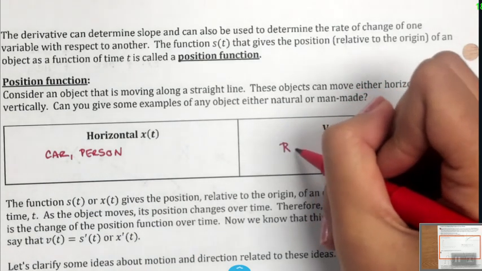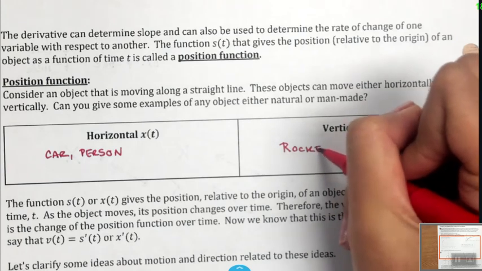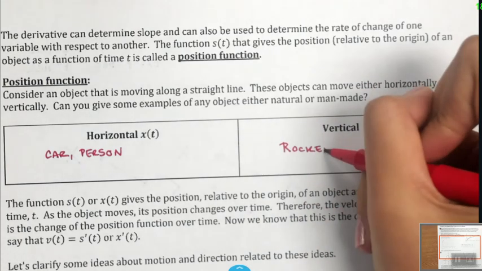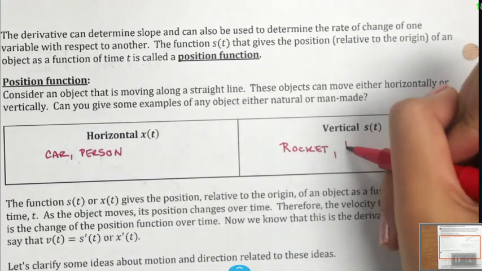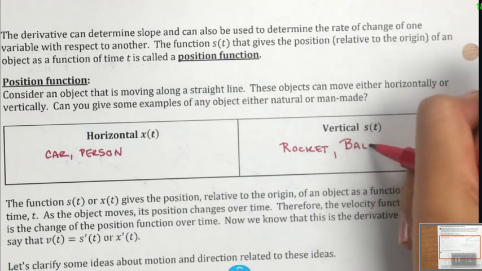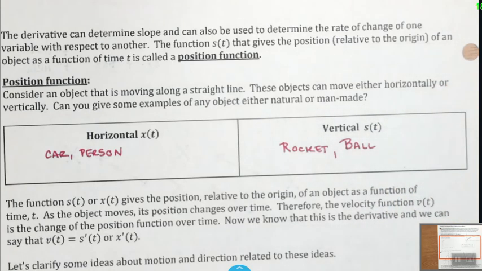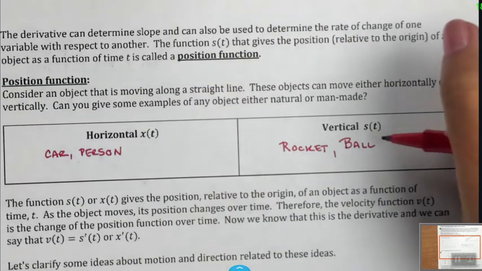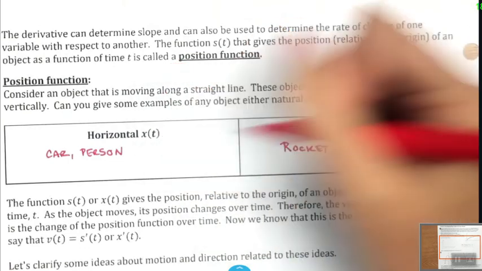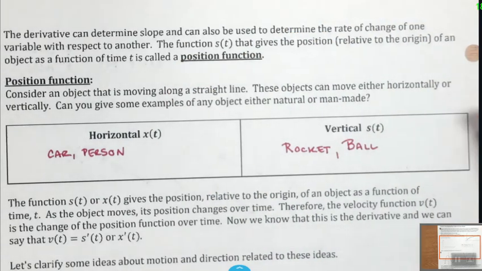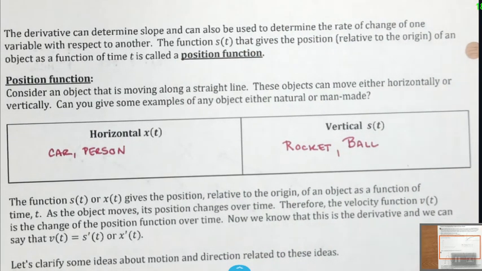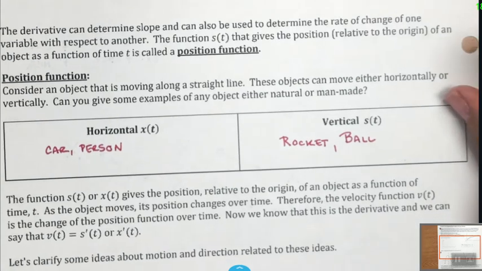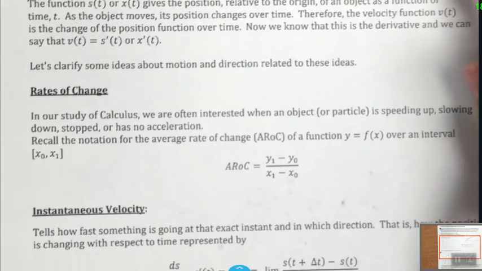But this is like a rocket that goes straight up in the air or comes back down, or a ball that goes straight up and then comes back down. But either one, this is always position. So this will always give you things in terms of meters, feet. I don't know any other units that we use. Yards, whatever.